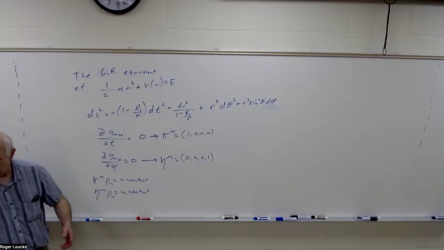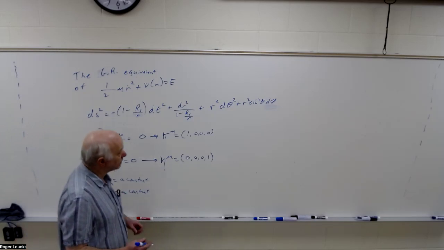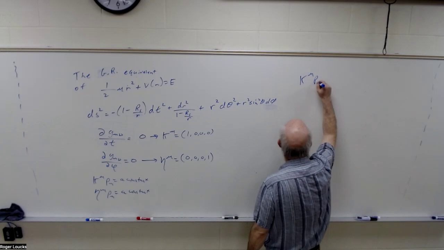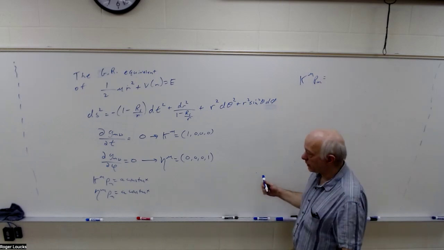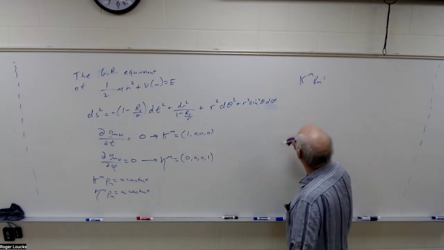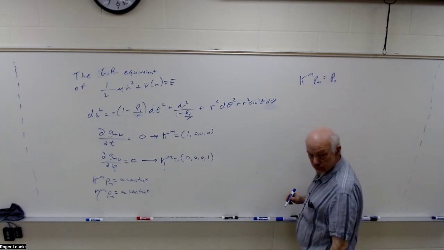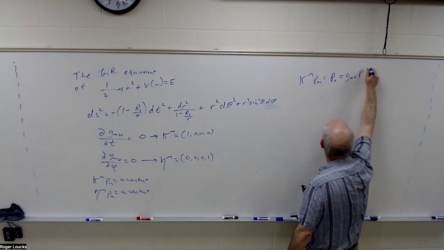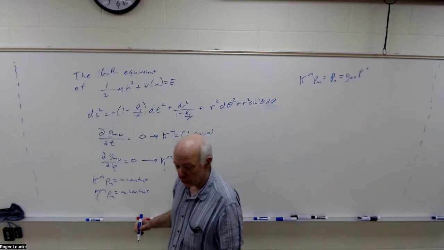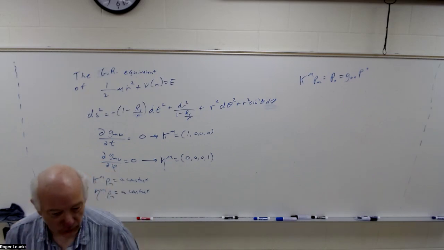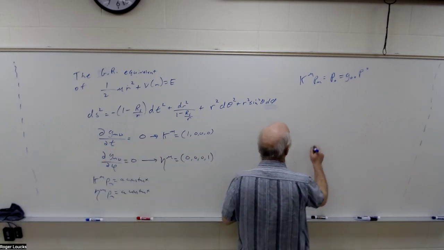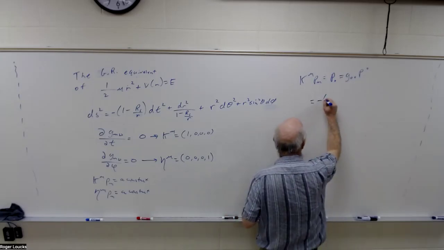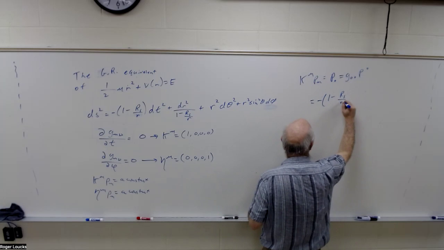So let's go through and do it again. Let's look at our K mu P mu. If I put in K here, this is just P0. And P0 is g0 nu P nu. What do we know about g00? It has the form 1 minus Rs over r.